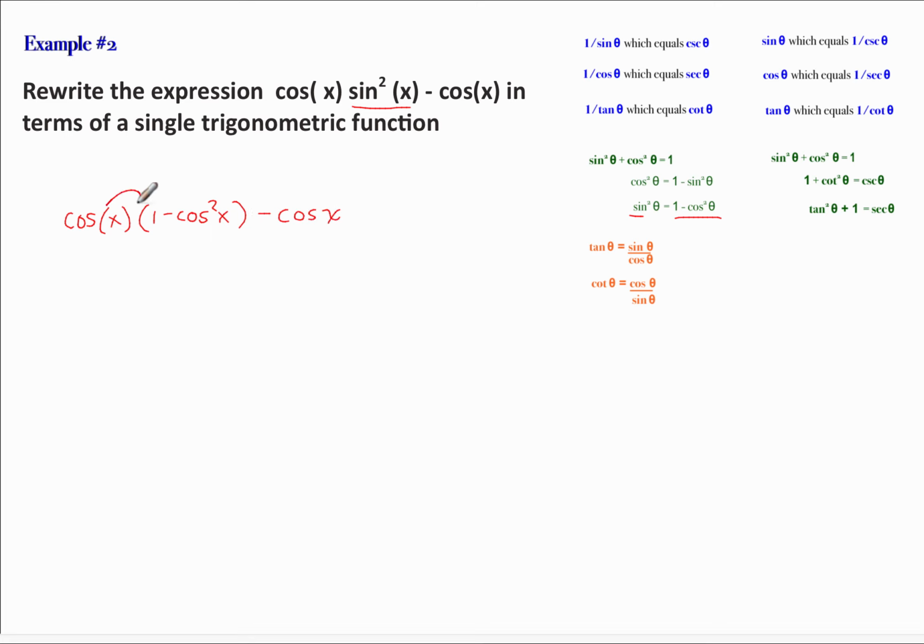Well, I'll distribute now, and I'll get cosine x minus cosine cubed x minus cosine x. Well, the minus cosine and the cosine x cancel out, leaving me the same answer, Mrs. Trollen, in a much quicker fashion.